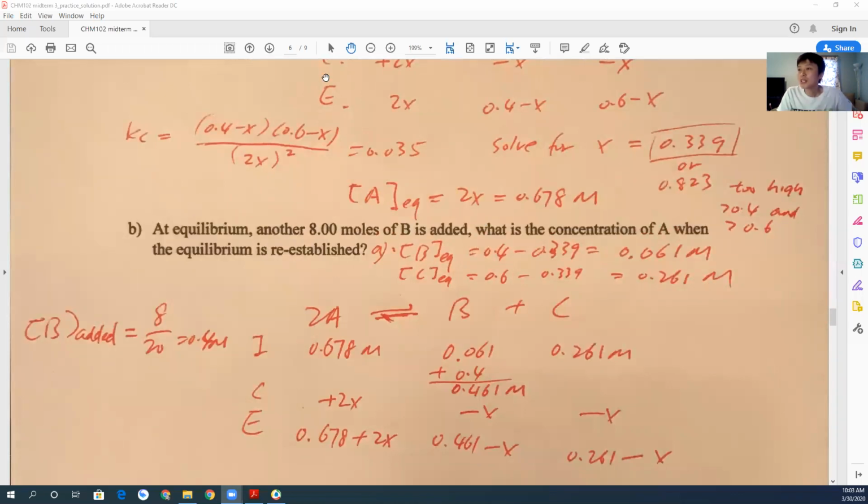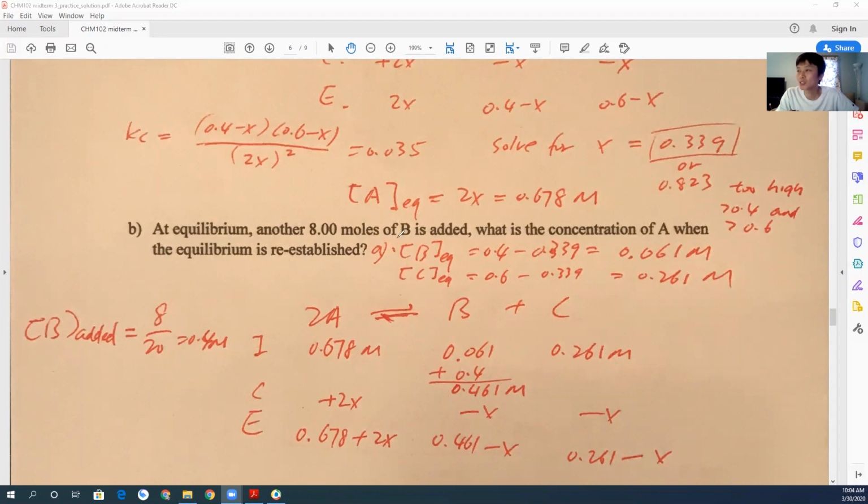So for part B, when the equilibrium is reached in part A, you add another 8 moles of B. And they ask what's the concentration of A when the equilibrium is reestablished. So the first step will be to figure out the initial equilibrium concentration.